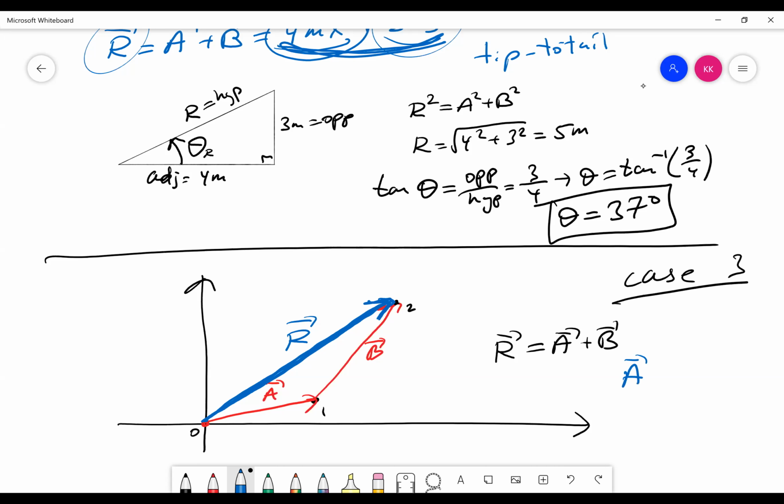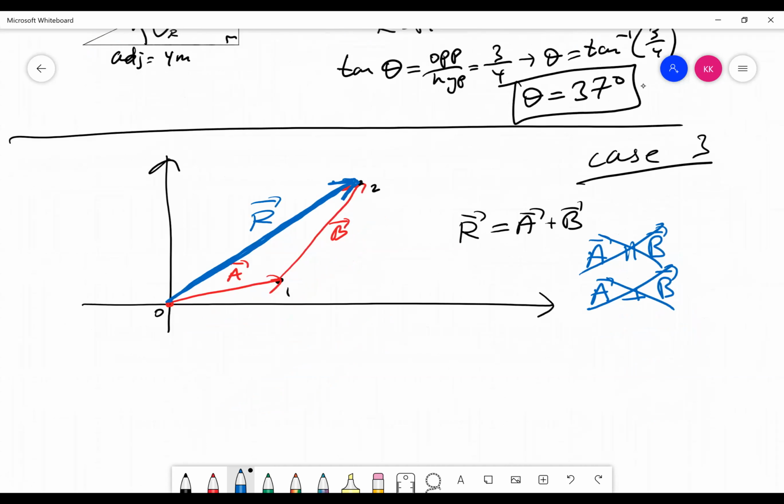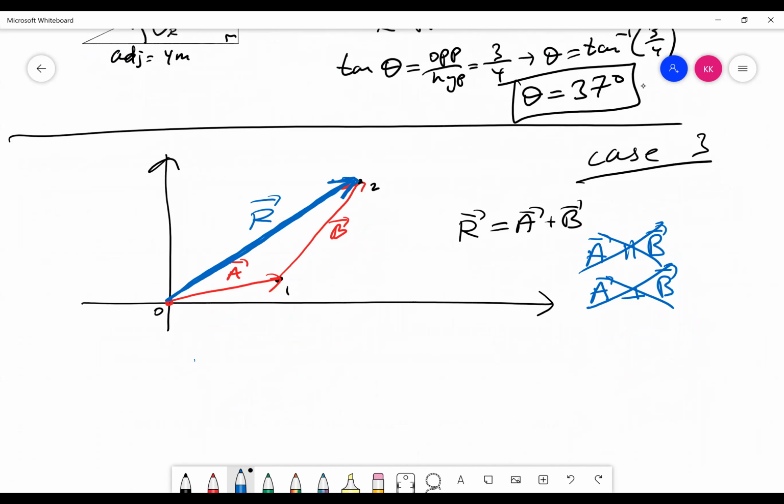A is not parallel to B, and A is not perpendicular to B. That means the two methods that I just showed you above cannot be applied here. We cannot use simple algebraic addition or the Pythagorean theorem, because A and B are not parallel nor perpendicular. Okay, so we have to find a new method, and that new method is what we call the component method.